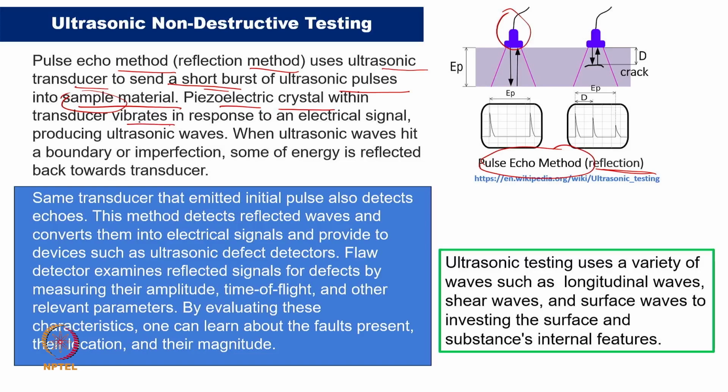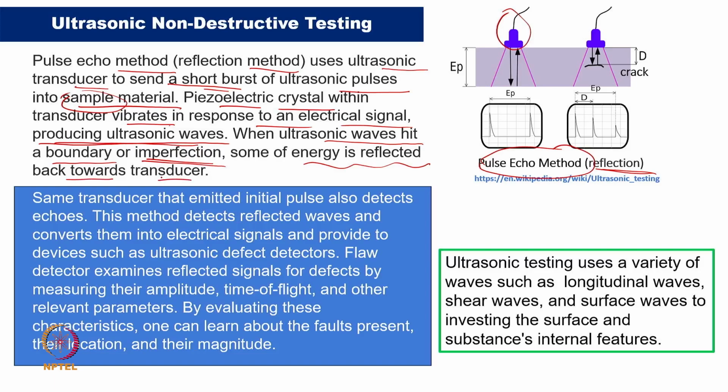Now coming to how we generate the waves, we use a piezoelectric crystal within this transducer, which will vibrate in response to the electrical signal which has been given, naturally producing ultrasonic waves. These ultrasonic waves will hit the imperfection or discontinuity, and whenever they strike a discontinuity, some energy will be reflected, and that energy is what is collected.